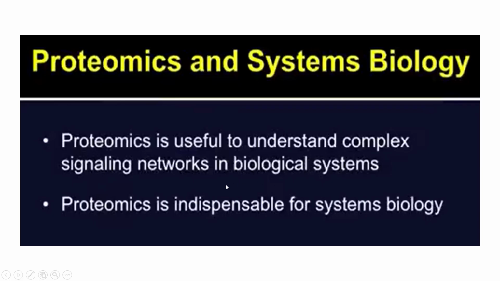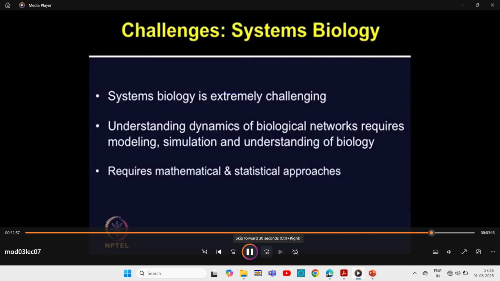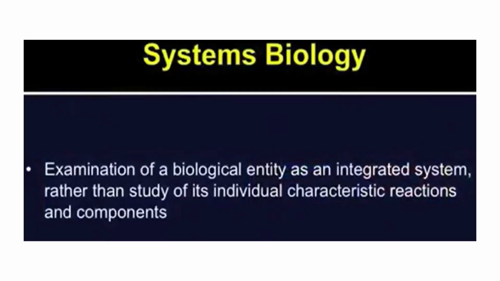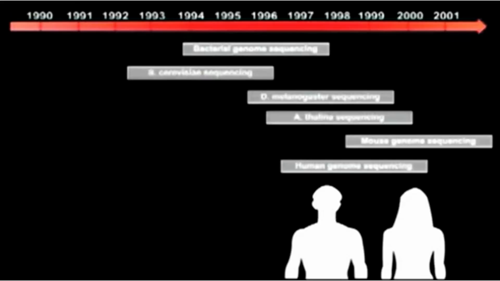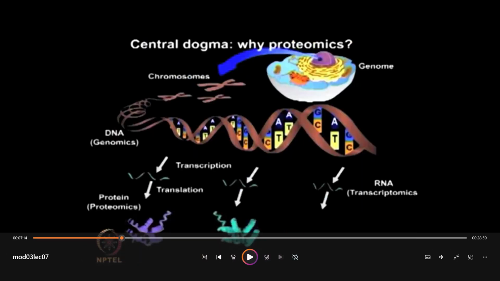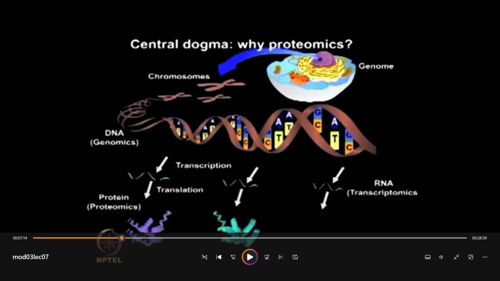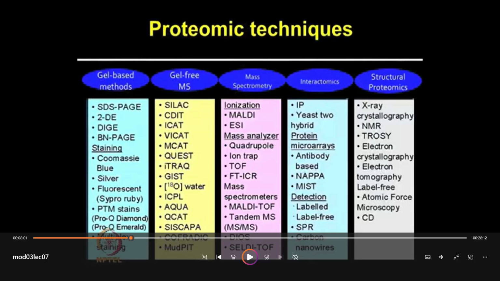We are not dealing with signaling networks with metabolites or transcripts, etc. So that's the whole summary. So I'll go to proteomics. That's the holistic way of understanding the whole system.